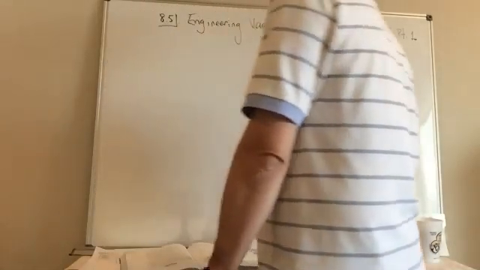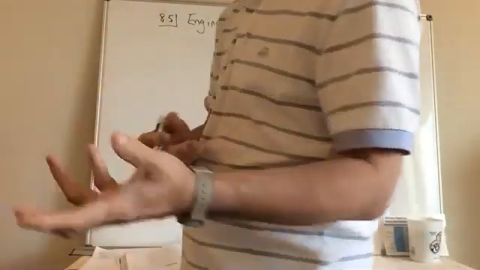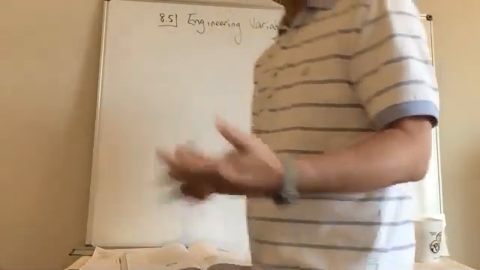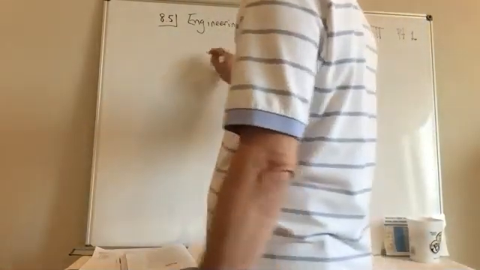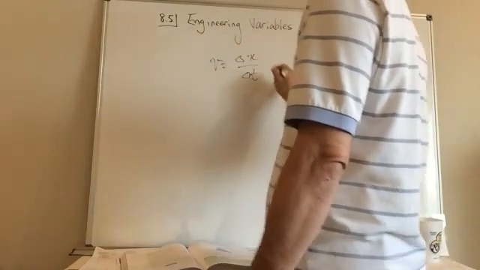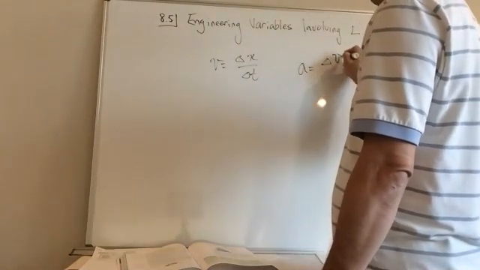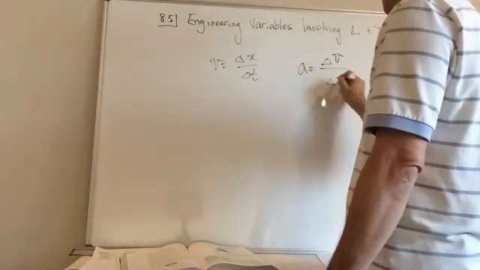So let's flip the page and we have linear acceleration. Acceleration is how quickly the speed is changing. We had speed being delta x over delta t, whereas the acceleration is going to be the change in speed or velocity over time.